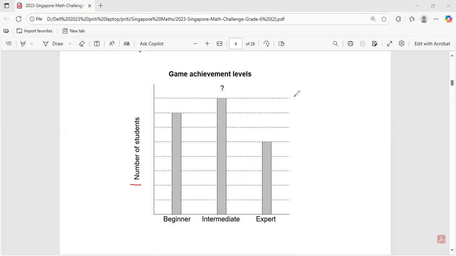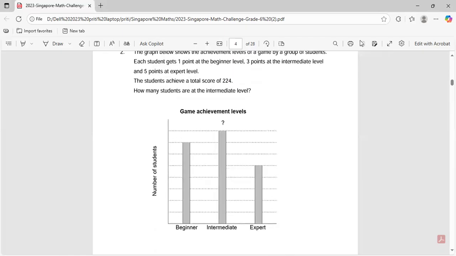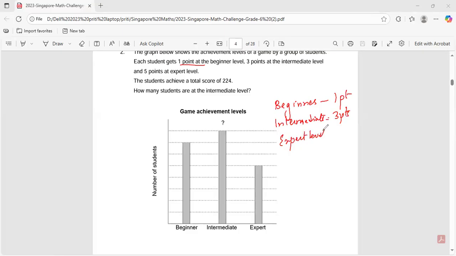The information given is that each student gets 1 point at beginner level, 3 points at intermediate level, and 5 points at expert level.